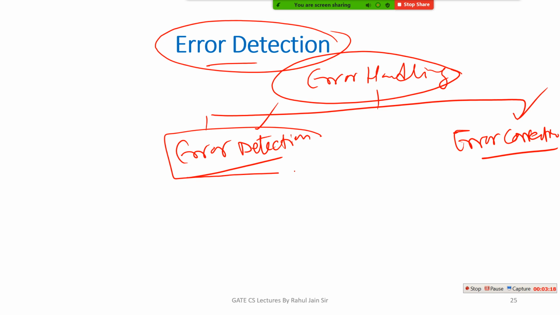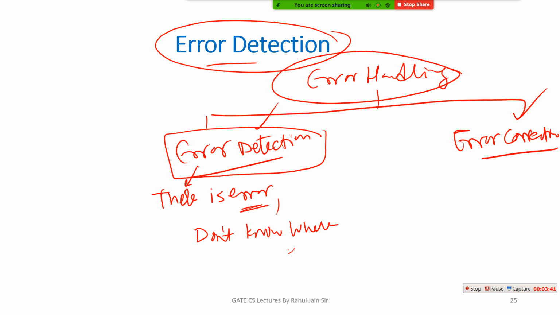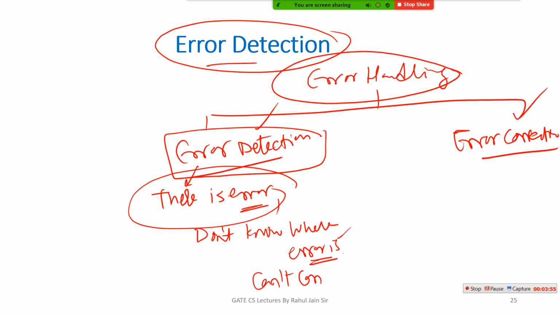In error detection, what process happens? The computer basically knows that there is an error, but it doesn't know where the error is. It only knows that there is an error, but it doesn't know where the error is. It can't correct it. This is placed under error detection.